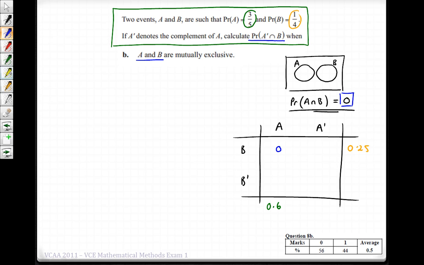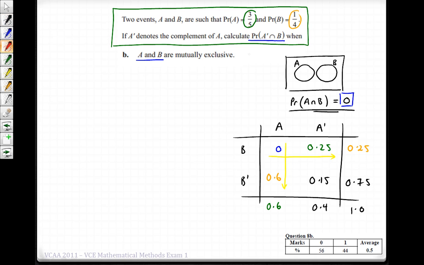So when we add across this row, we should get this value is 0.25. Adding down this way, we should get that that's 0.6. That should be here, if we kept doing it, 0.4, 0.75. So that would be 0.15, and the whole lot adds to 1.0 if I wanted to complete the table.